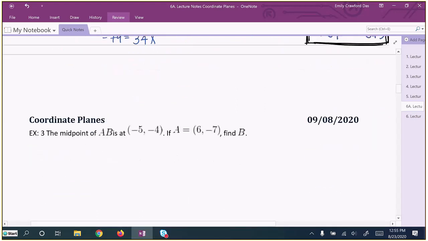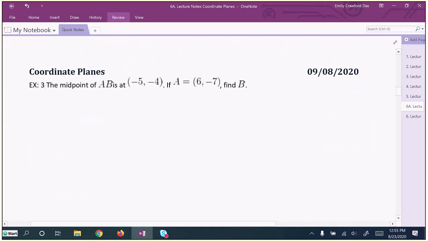Another type of problem we could do would be: the midpoint of a line segment AB is at (-5, -4). If A is equal to (6, -7), find B. So again, let's draw the picture just to get some idea of what we're talking about. (6, -7) is A. Let's plot that.